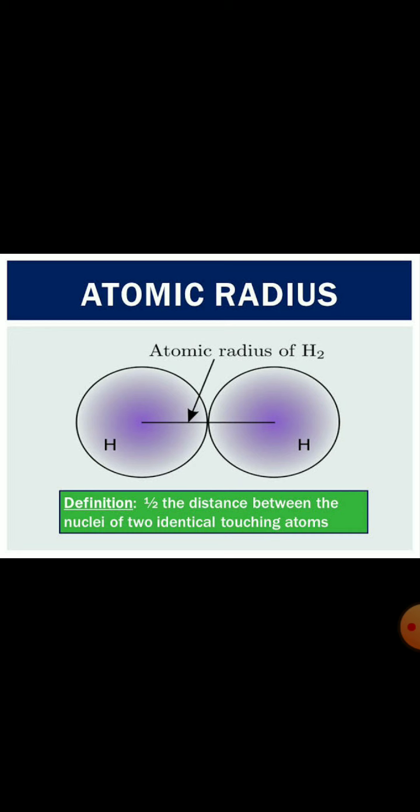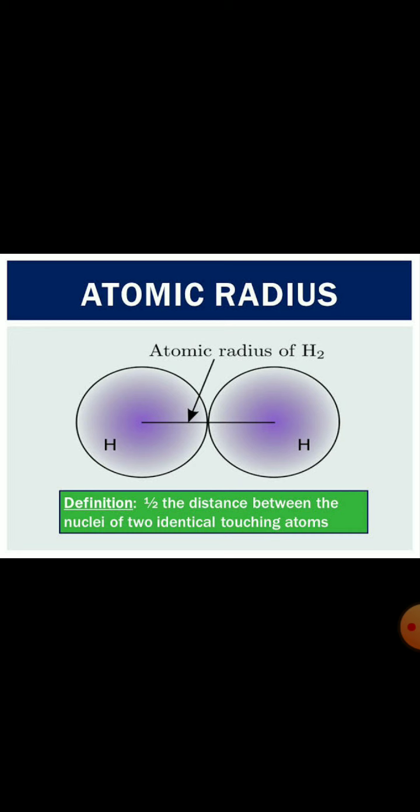In a simple way, if we want to remember, you can think of a circle, and the radius of a circle we consider here is the distance from the center to any point on the surface. But here when we talk about the nucleus of an atom, how can you define atomic radius?